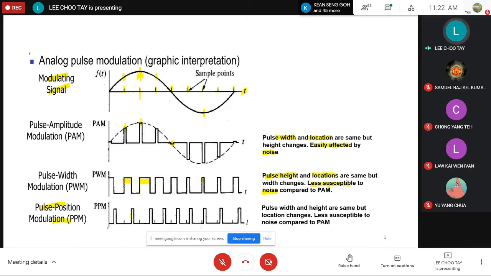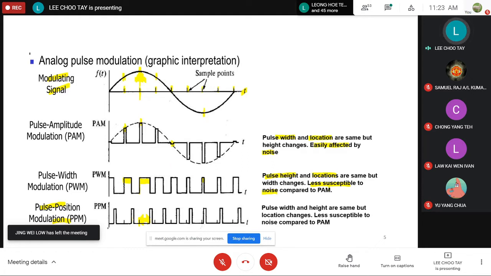Here, again, is the same point where the amplitude is the highest in the modulating signal. This is my sampling point. Because the amplitude is the highest, it takes the longest time for the pulse to appear. So this is the delay time. The delay is the longest because the amplitude is the highest here.